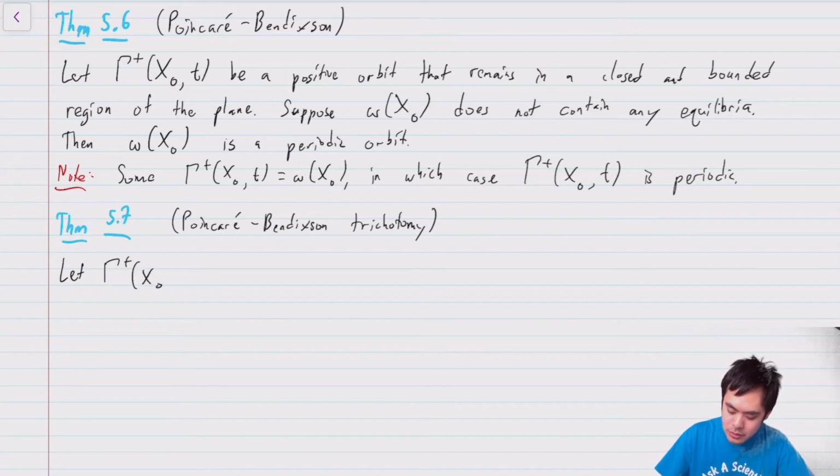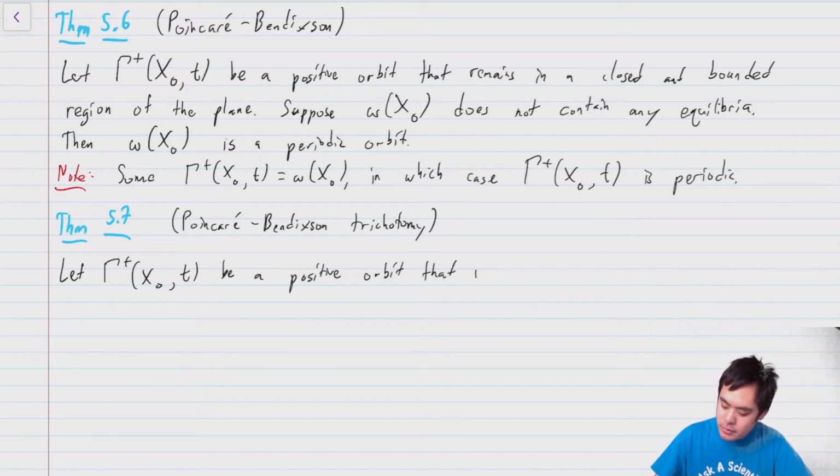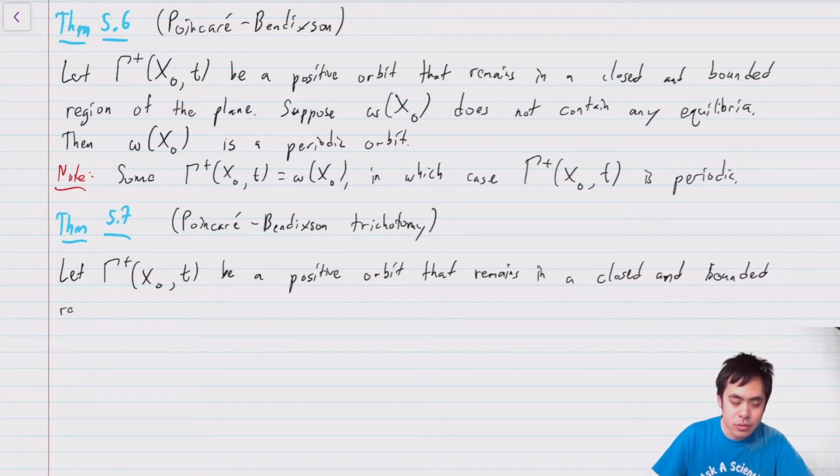Let x naught t be a positive orbit that remains in a closed and bounded region, and let's give that region a name, B of the plane. And suppose B contains a finite number of equilibria.